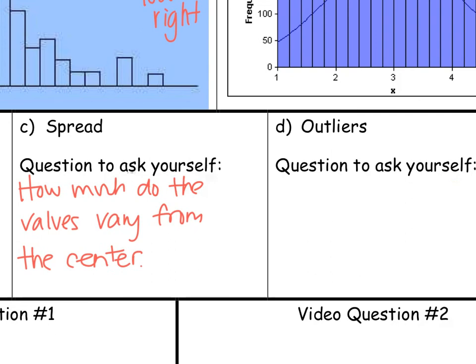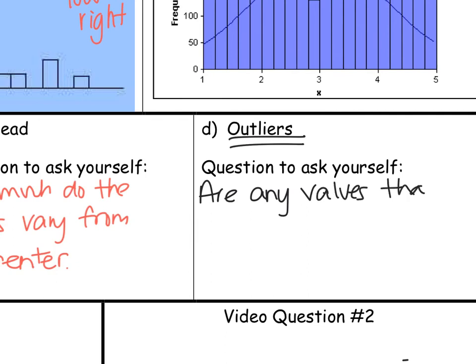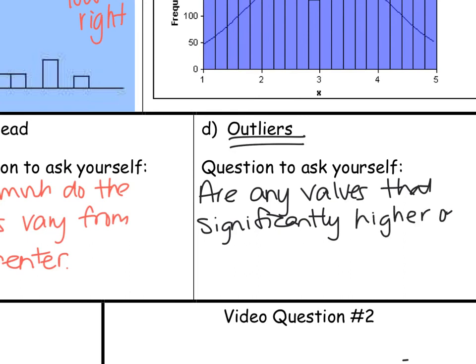And then lastly, are there any outliers? Well, what's an outlier? Outliers are any values that are significantly higher or lower than the rest of the data.